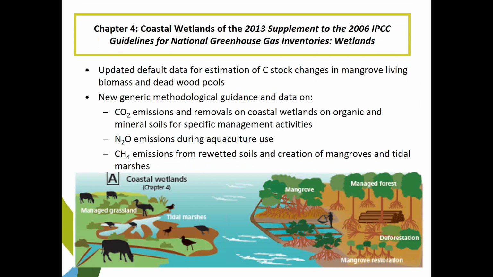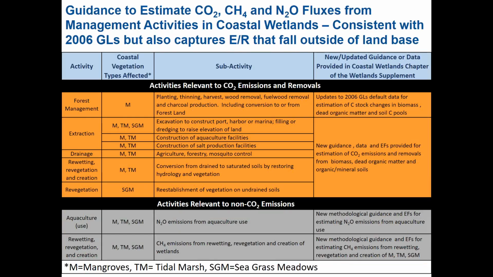When we look at specifically the activities for which guidance is provided for coastal wetlands, they fall into the following sections. The impacts of forestry management on coastal wetlands, particularly related to biomass. The impact of extraction and drainage on biomass and soils. The impacts of wetlands rewetting and revegetation and creation.